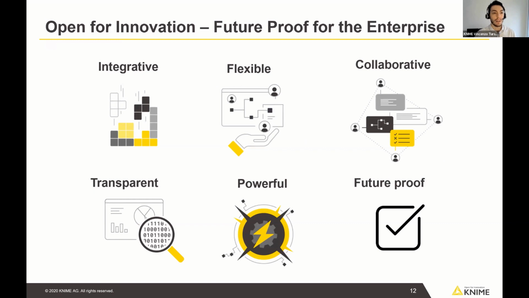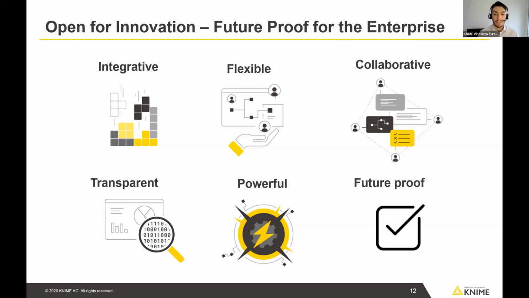Therefore, open platforms in this case are all about seamless integration. We want to provide also an active environment that is somehow flexible. And of course, we also consider an open environment to be collaborative, which allows different team members and also the community to collaborate with each other.